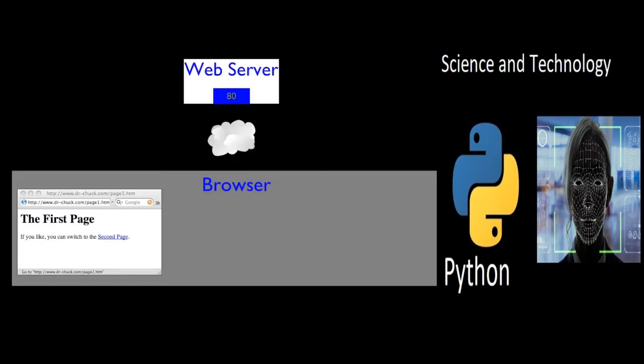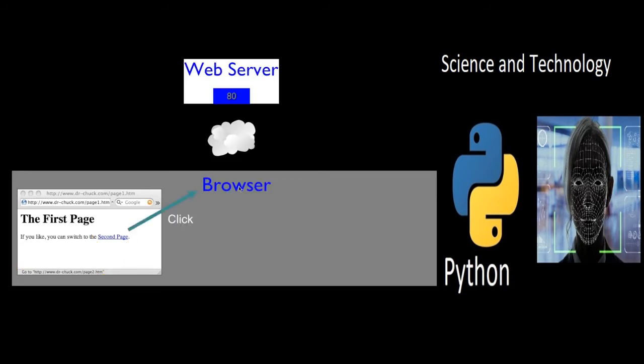Let's just imagine for the moment you are looking at a web page, drchuck.com/page1, and inside that there is a hyperlink. It is an indication that says when you click on this, go to a different page. And in that you see the name of the page that you're supposed to go to. So we click on this link, and that is a browser.